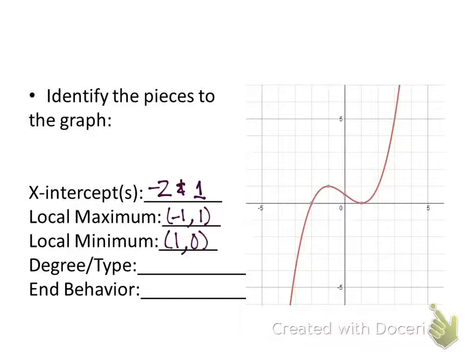Notice how I'm putting these answers in parentheses because maxes and mins are points. Again, you count the number of turning points, add 1, degree is 3. So the type is going to be cubic. End behavior, you start reading the graph and recognize, okay, this starts down and ends up.